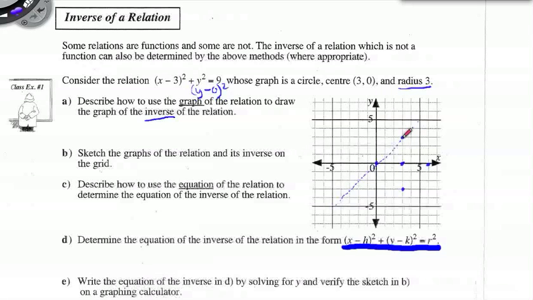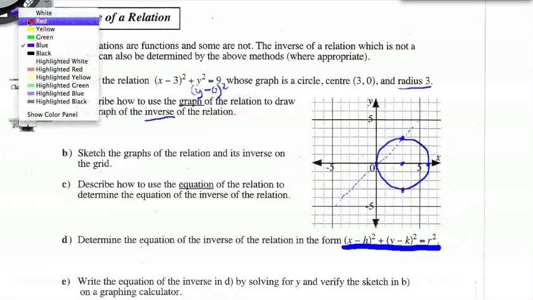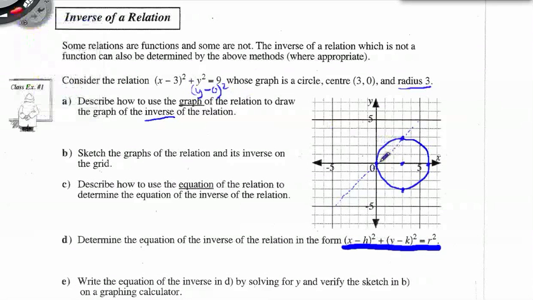Okay, so I'll just sketch that. The circle will look like this. And the inverse, we can take certain points, such as this one and this one. In fact, all of the points here, all 5 points that we have, and reflect them across this line. So this point is on the line, it will stay where it is.